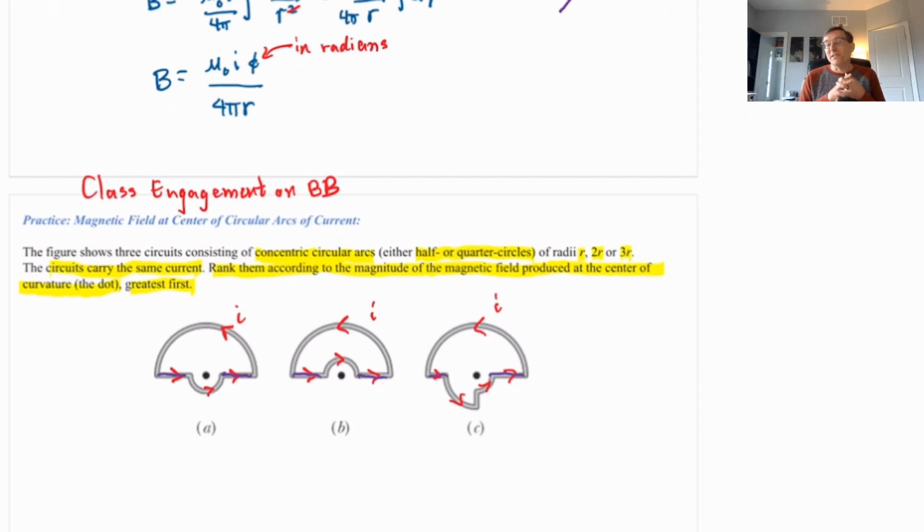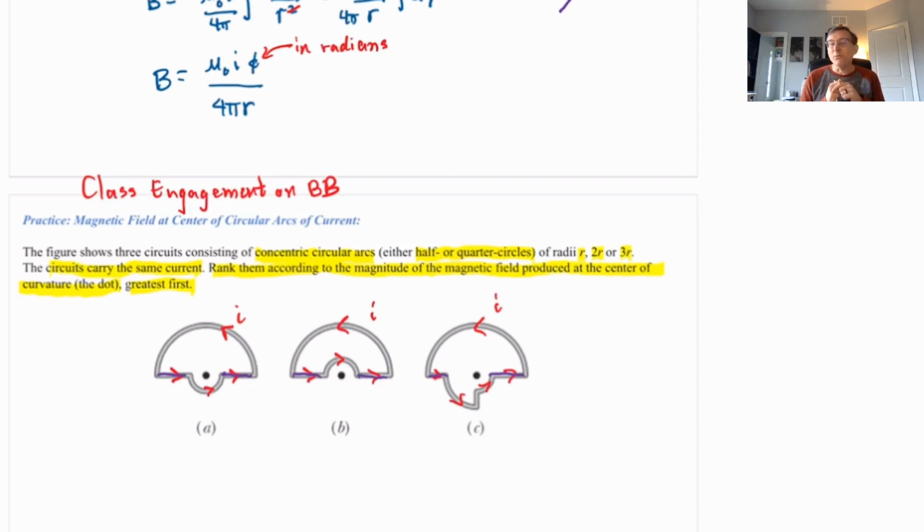There's some good physics in thinking about those pieces of the circuits, because I'm contending that you only have to worry about the circular arcs and their contribution to the magnetic field at the dot. So you don't have to worry about the straight segments. They make no contribution to the magnetic field where the dots are.